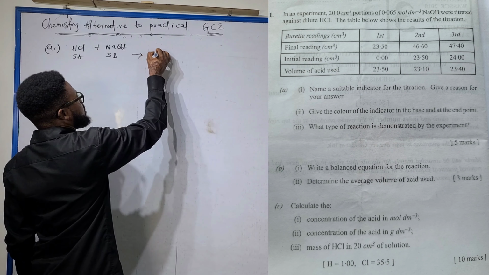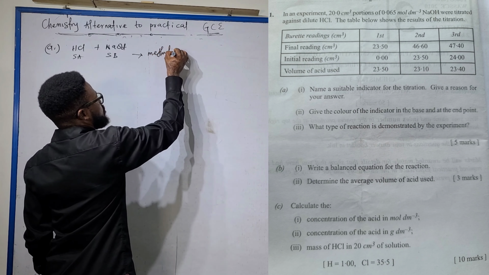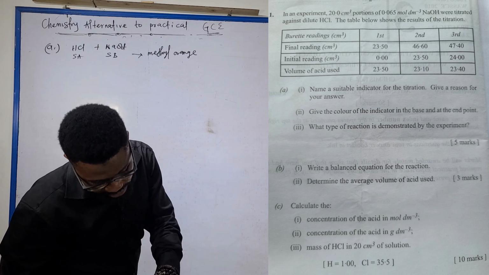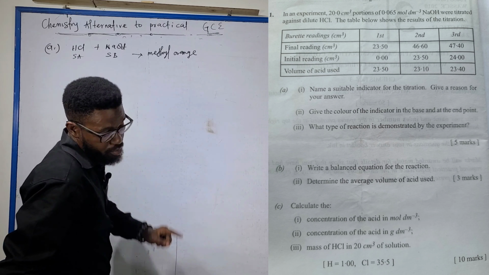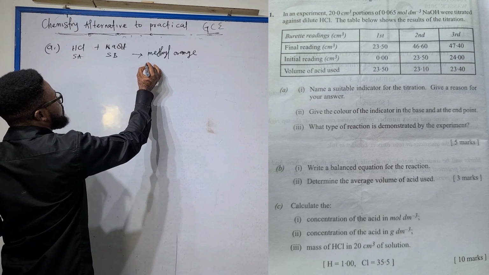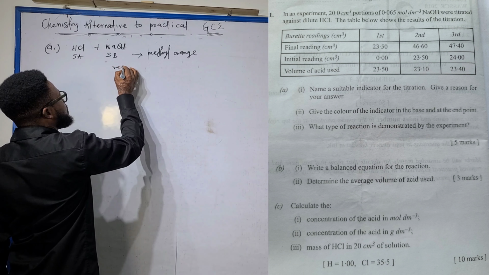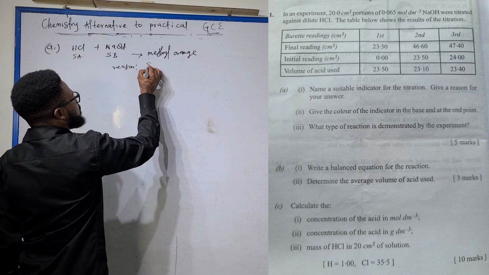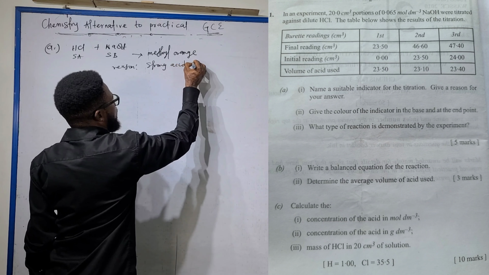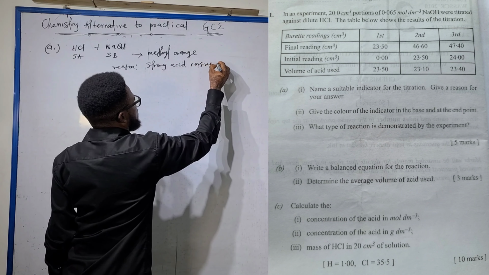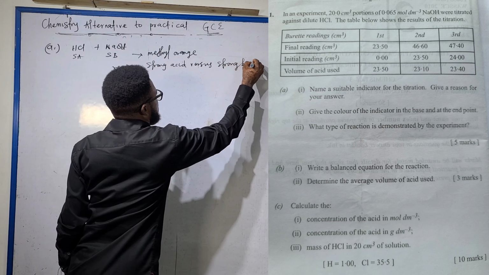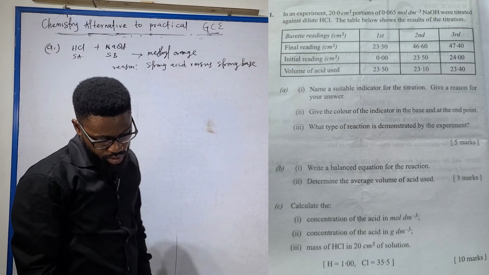Okay, let me use methyl orange. And still on A1, I was asked to give a reason for my answer. The reason is very simple: it's because it's a strong acid versus a strong base. Okay, that ends question A1.